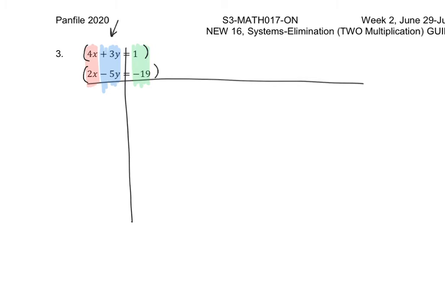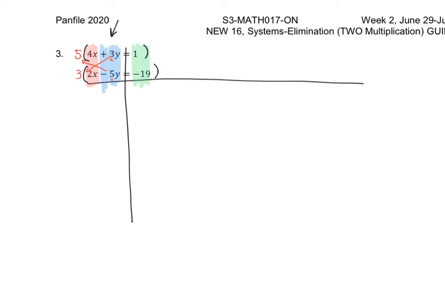So I can multiply the bottom one by 3 and the top one by 5. Notice how I always switch. My numbers always get switched. So if my top coefficient is 3, I multiply the bottom one by 3. If the bottom coefficient is 5, I multiply the top equation by 5.